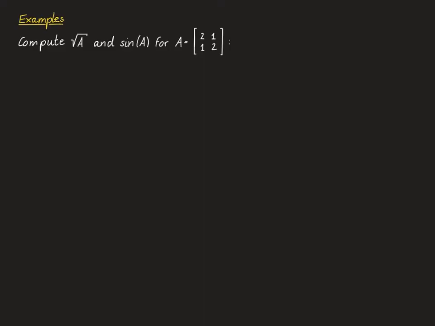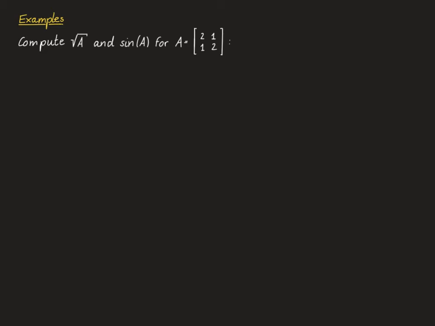So let's look at two examples of computing the square root of a matrix A and the sign of a matrix A for the given matrix A here. At this point, an important word of caution is in order.